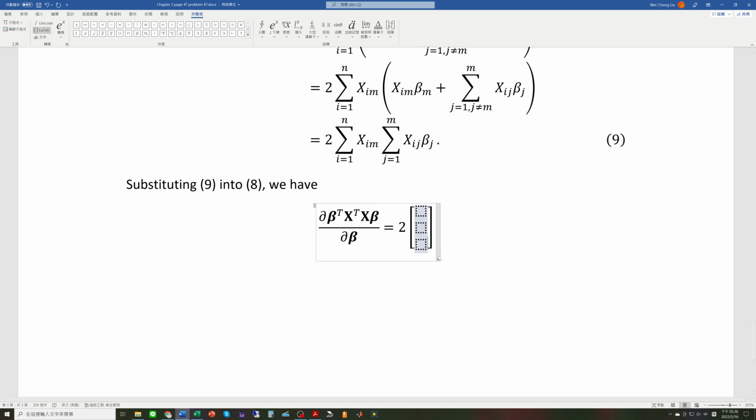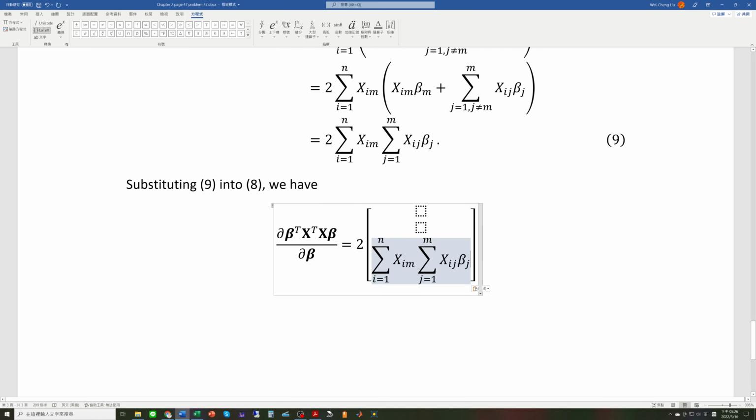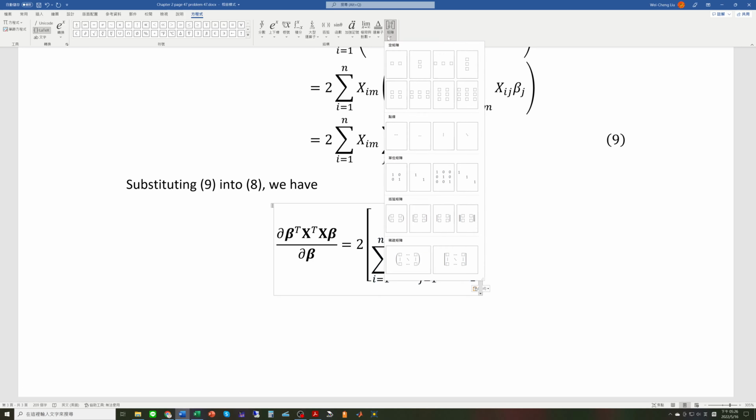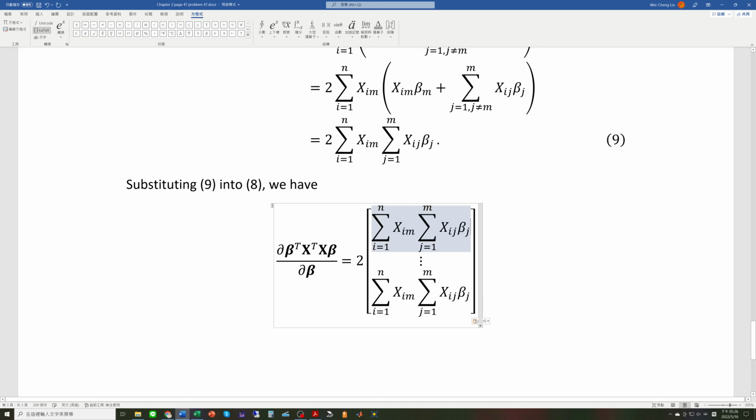The last term is this term, and the middle term is the vertical dots. For the first element, we only need to copy the last element and change this m to 1. This is the answer.